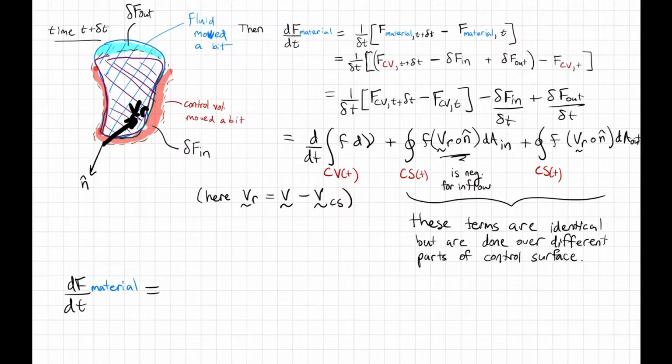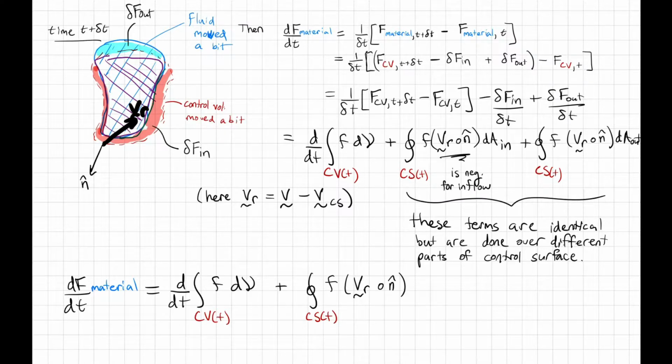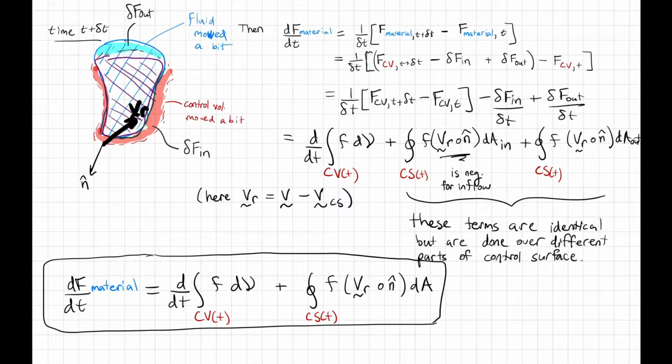The first term is the rate of change of our capital F over our control volume, which can also be written as the integral of little f over the volume, plus a second term which has to do with how much stuff flowed through the surface, which is the integral over our control surface of f times the relative velocity dotted with n dA.